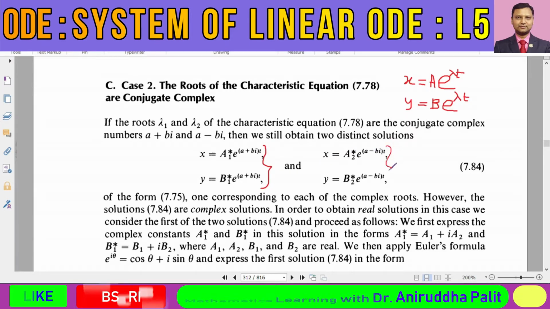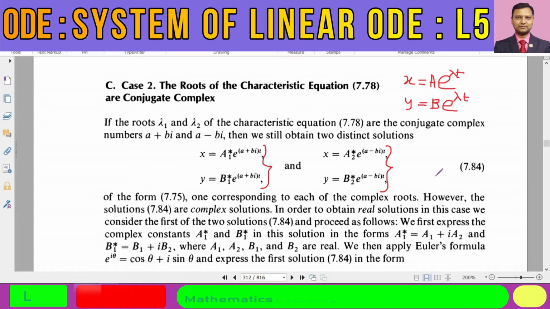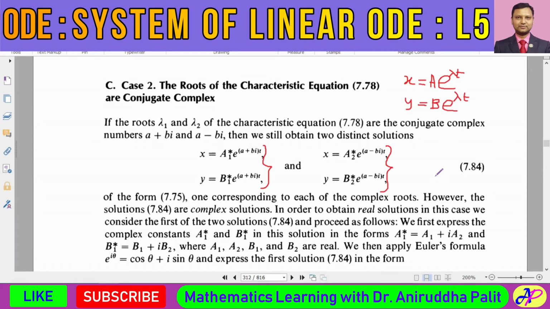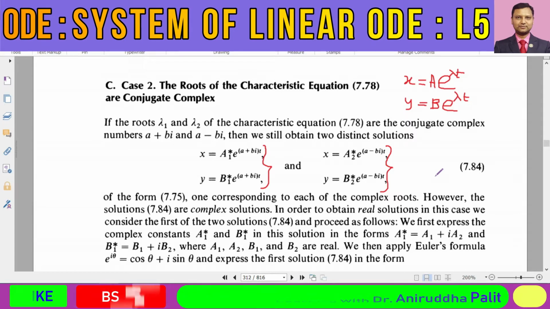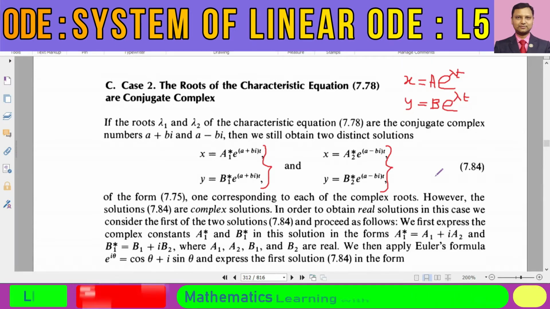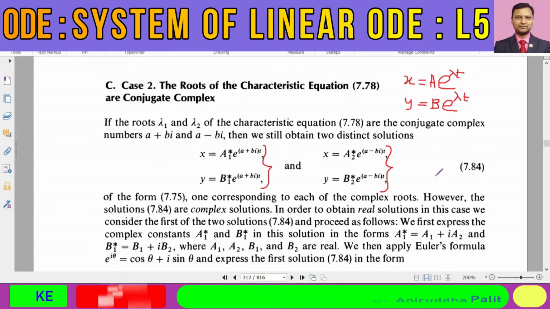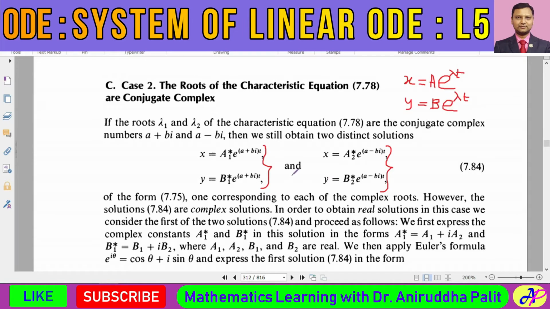We are not expecting this kind of complex solutions. So from these two solutions we have to extract two different independent real solutions.